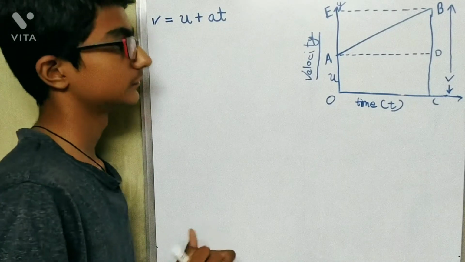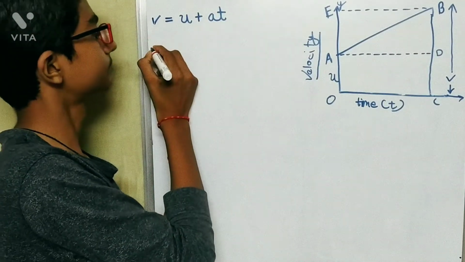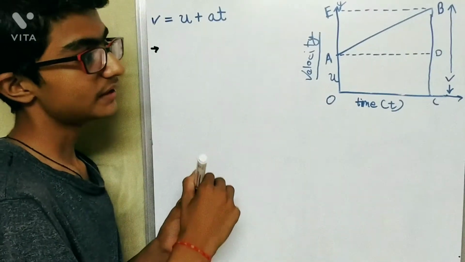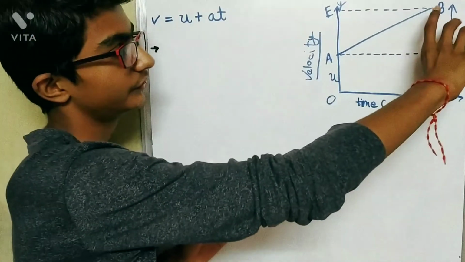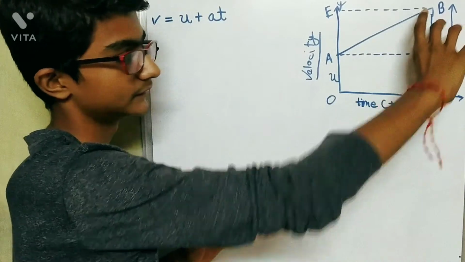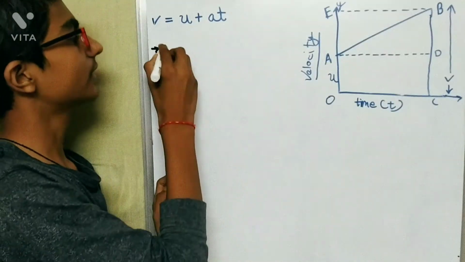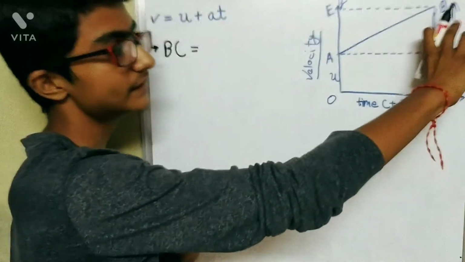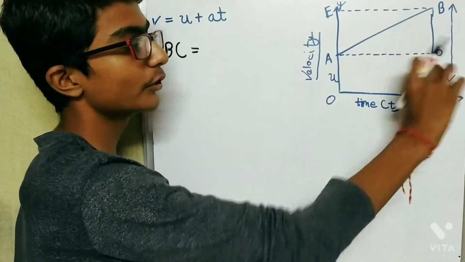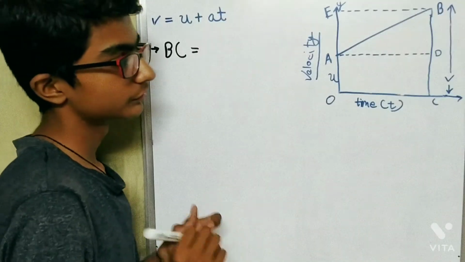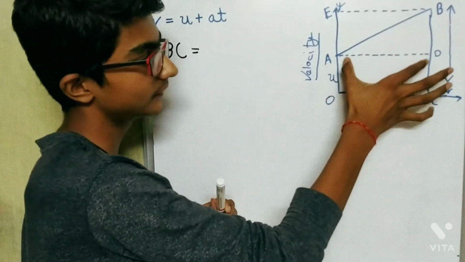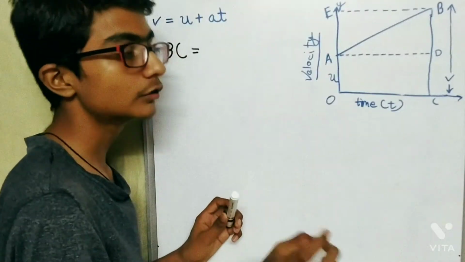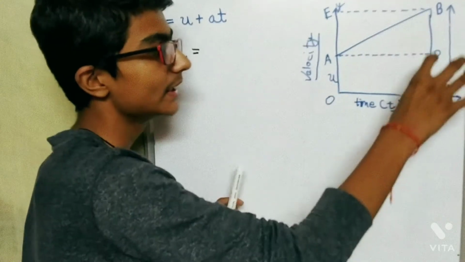So first let's take BC here. See, this is called BC, right? Now this BC can be written as BD plus DC, because this line divides BC into two parts, BD and DC.